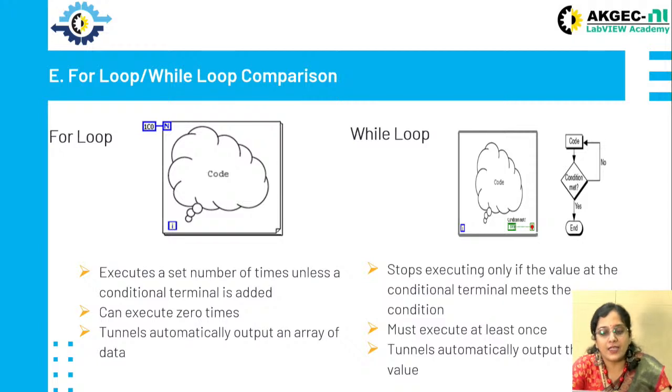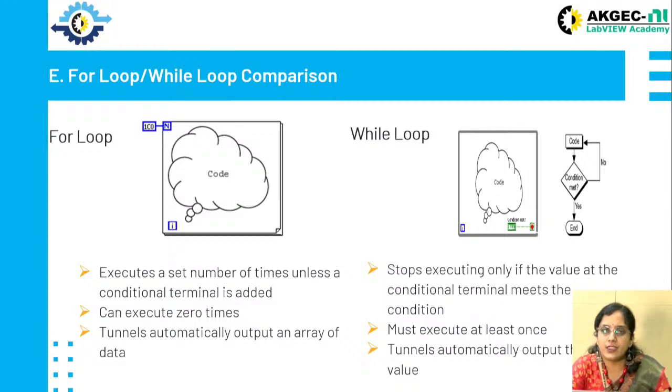In case of a while loop, it stops executing only if the value at the conditional terminal is satisfied. Like if we go for stop if true, if we give the command true, then only the while loop iteration will stop, otherwise it will execute for infinite time.